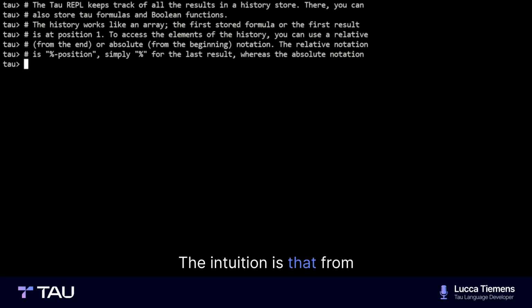The intuition is that from the end of the array, you go back the number of steps that you inputted in position, but we simply type percent in order to just access the last result. Whereas the absolute notation is percent position, and position just denotes the place in the array where the formula is stored from the start.